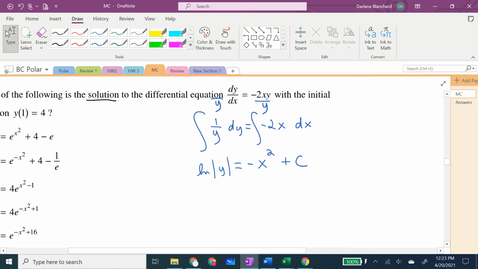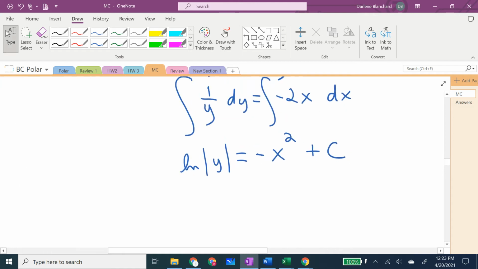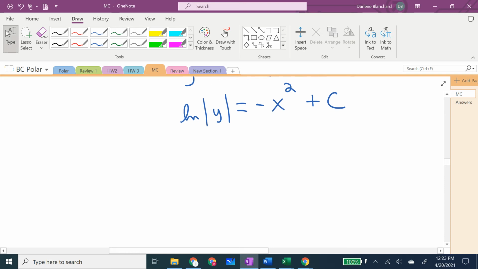Now, if you look at the possible equations here in your multiple choice, my recommendation is, if you are very, very familiar with what I'm about to show you, by the way, you are expected to be very, very familiar with what I'm about to show you. This can go faster, and the time allotted to the problems is with the understanding that you know what I'm about to show you.